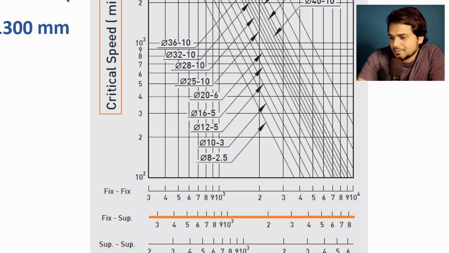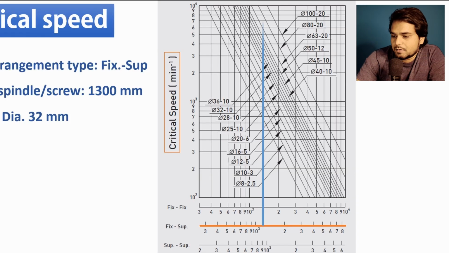And here this is not 3 mm. A scale is 10 to the power 2, meaning this is 300 mm, then 400 mm, this is 500 mm, and from here a scale is 10 to the power 3, meaning 1 meter. So our ball screw length 1300 mm will be something around here, and our ball screw diameter line is this 32 mm diameter.